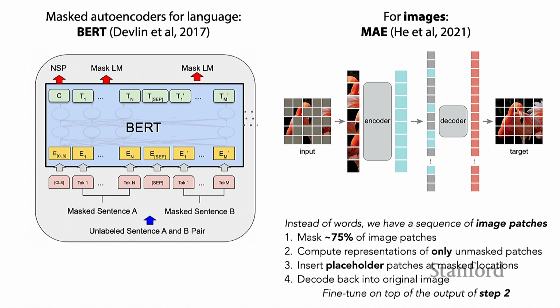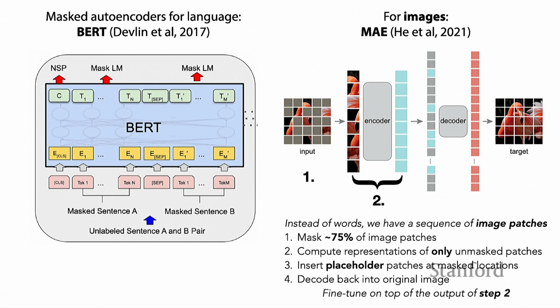In this case, instead of 15%, we mask out 75%, which gives you some sense of how information dense the signals are in these two cases. First we mask out tokens the exact same way we do in language, just a different percent. Then we compute the representations, in this case of only the unmasked patches.